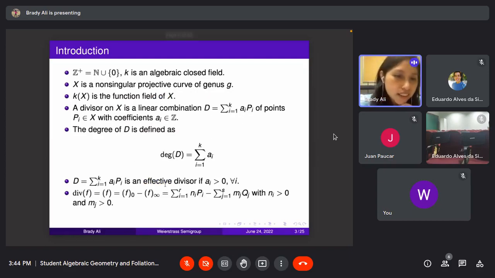Also, the divisor of a rational function f can be written as the divisor of its zeros minus the divisor of its poles.